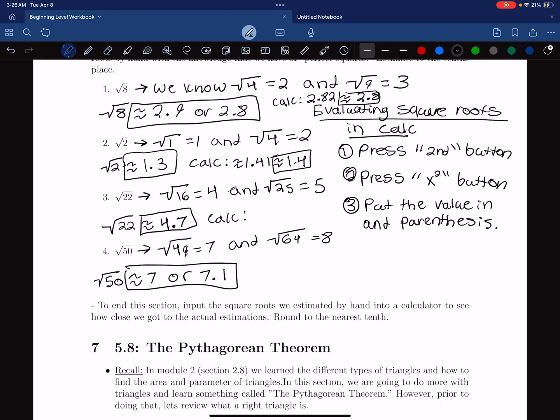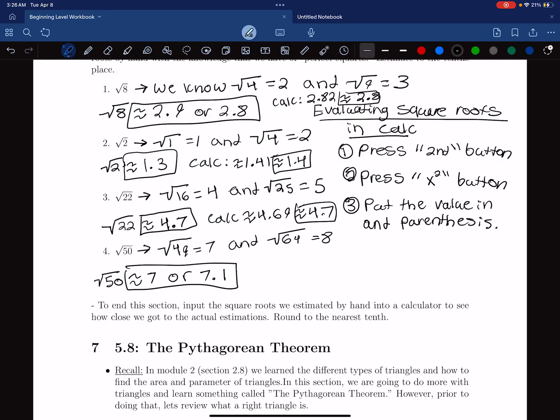So putting that in our calculator, I'm going to press second, x squared, 22, close the parenthesis, and you should get approximately 4.69. And 4.69 rounded to the nearest tenth is 4.7. So we got right on this one.